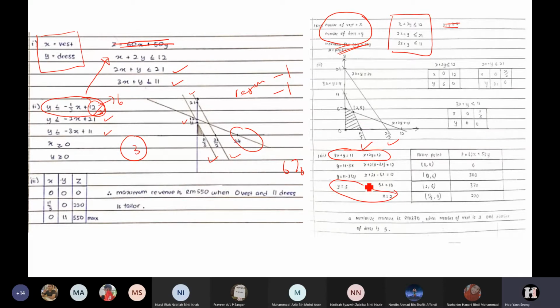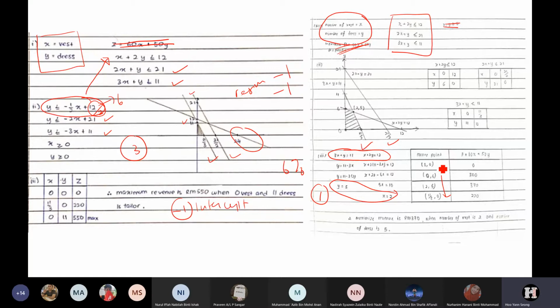Based on this one, normally you will get 1 mark for these points. Your next mark is for correctly obtaining all 4 points. Because here you don't have the intercept, you already lose 1 mark for the intercept.